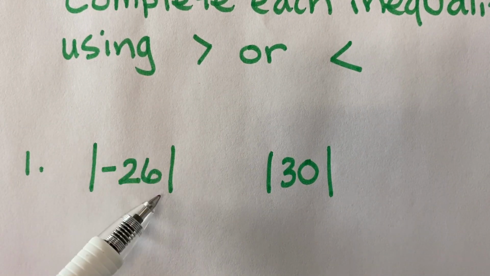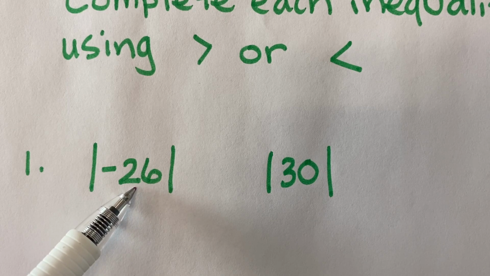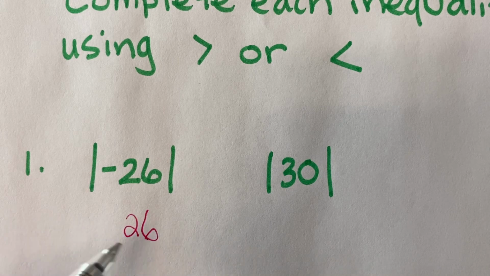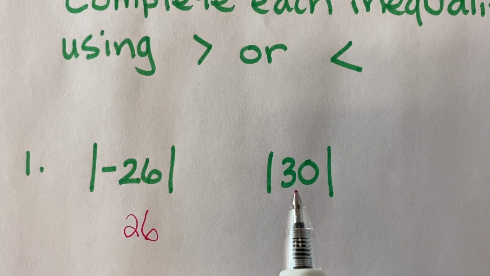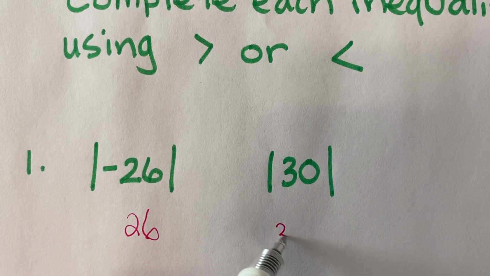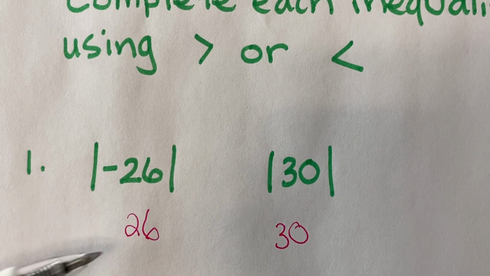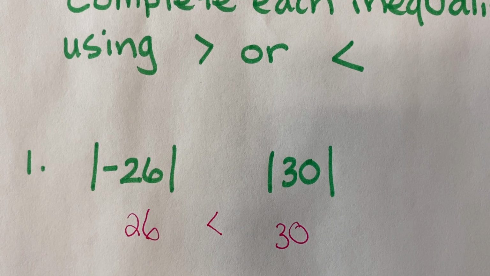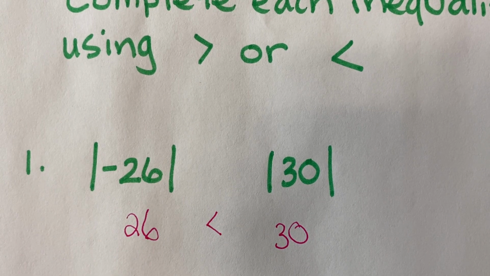So how far away from 0 is -26? I hope you're thinking 26 units. How far away from 0 is 30? 30 units. Now you can place the symbol. 26 is less than 30. Easy peasy.